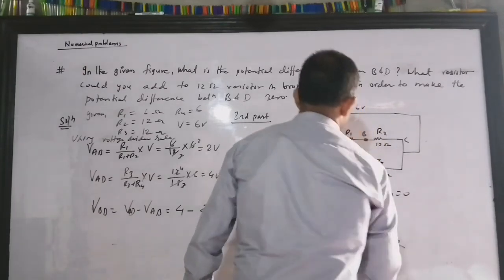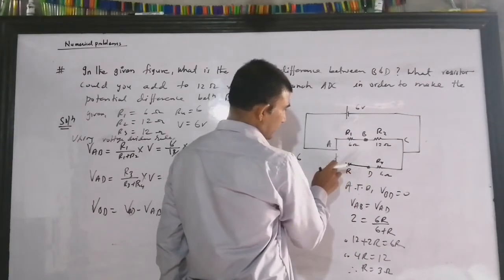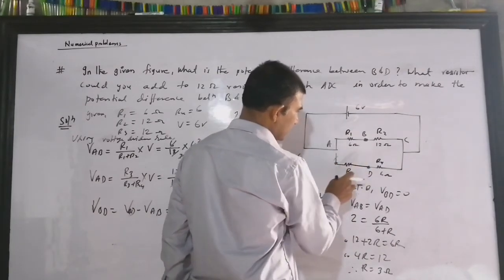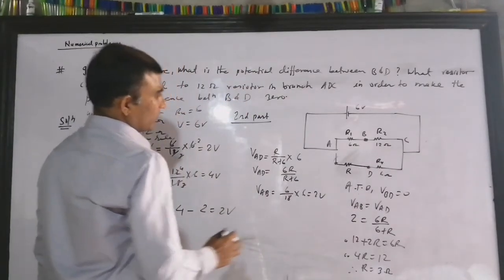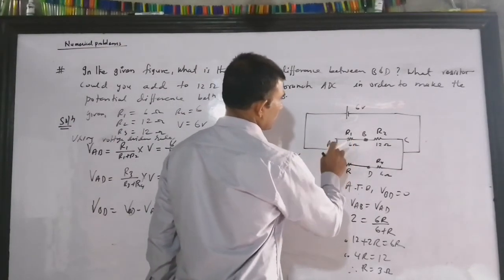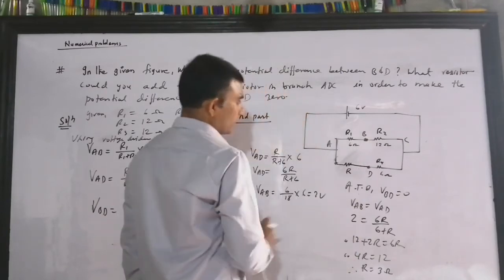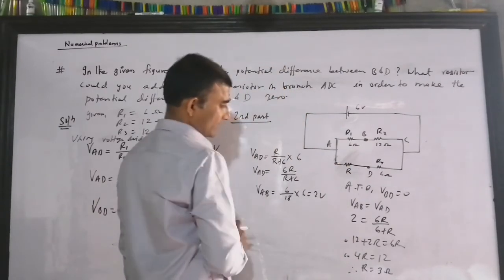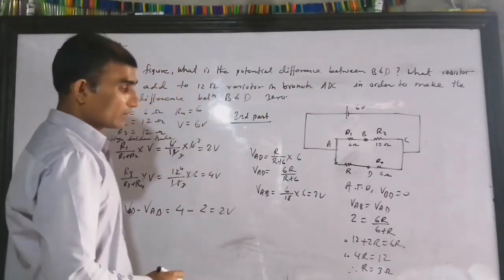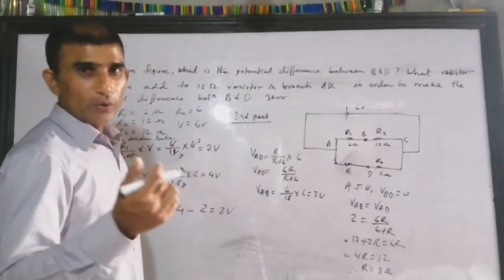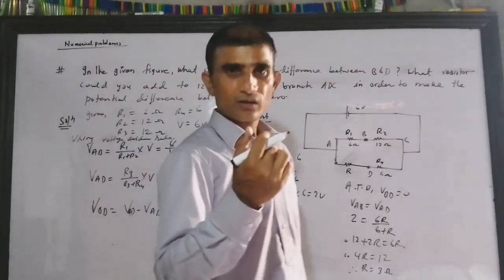So let's see what we get. From place A to D, we should have a resistance of 3 ohm to get the potential difference between B and D to 0, right? But we already had the 12 ohm resistance here, and we require only 3 ohm resistance. So how can you get a lesser value of resistance? Only one way. Do you know?